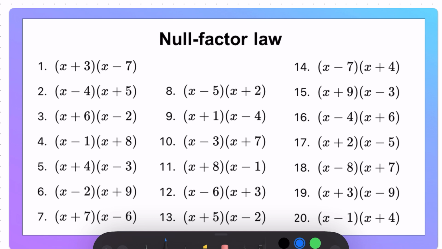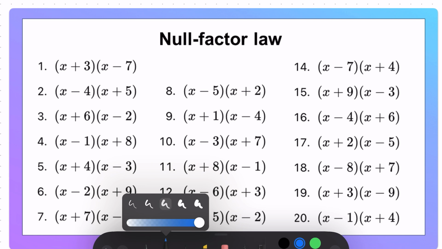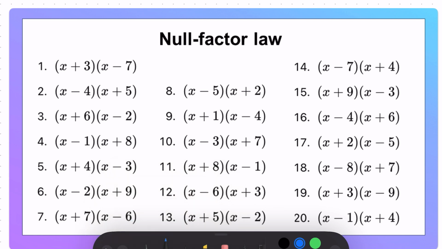what I'm doing. For example, this first one, we want this to equal 0 or this to equal 0. So we want to find an x value where x plus 3 equals 0 and a different x value where x take 7 equals 0.